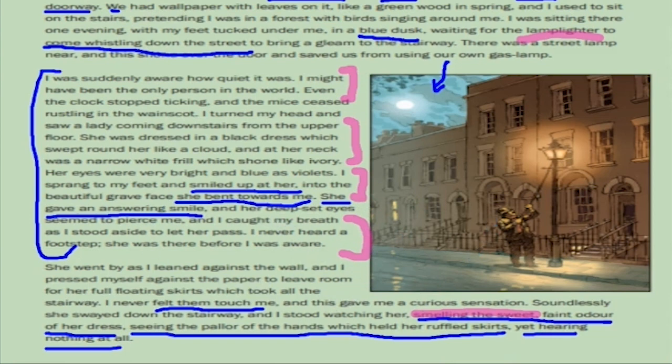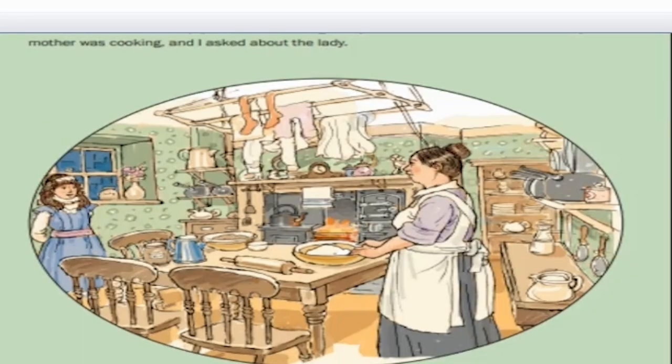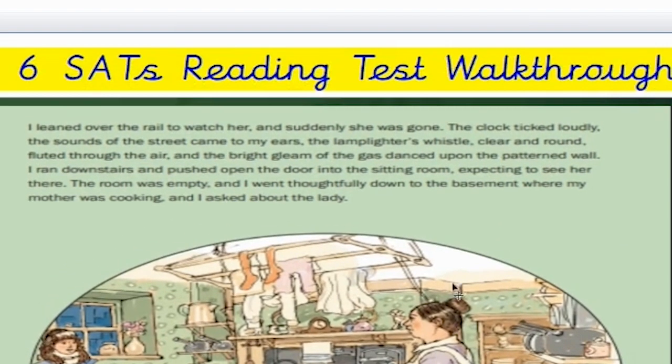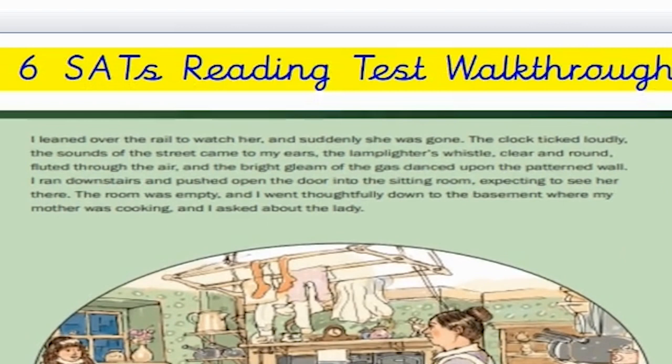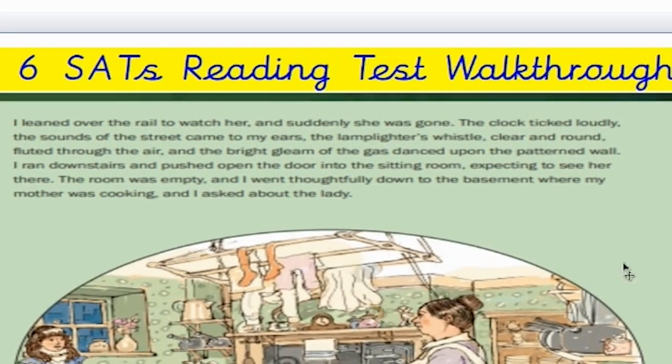She's also unafraid because in the text, she doesn't run away. She stands her ground, and straight away, she runs downstairs, pushes the door open. She's expecting to see her. So, if she was afraid of this lady, she would have run away from her, but she doesn't. She wants to know where she is.